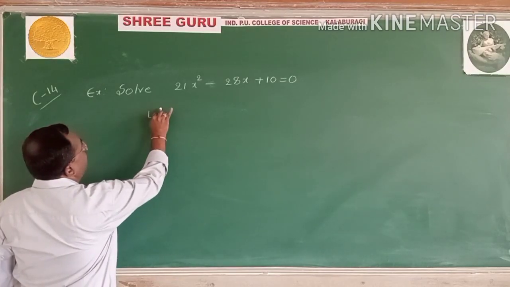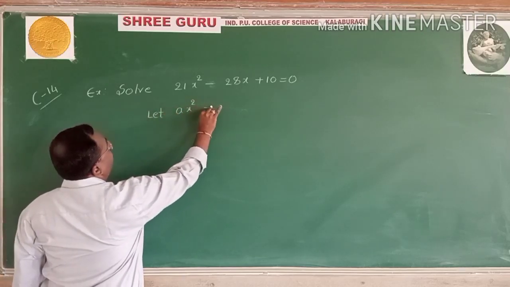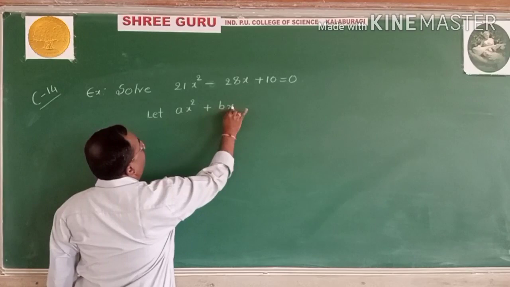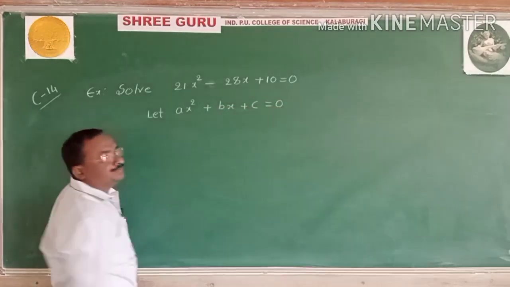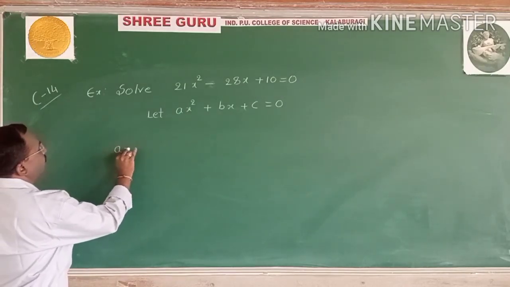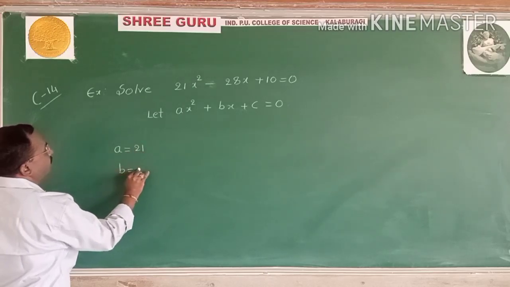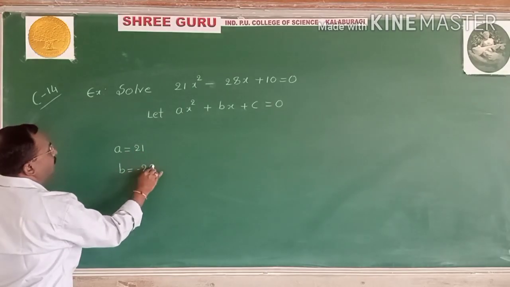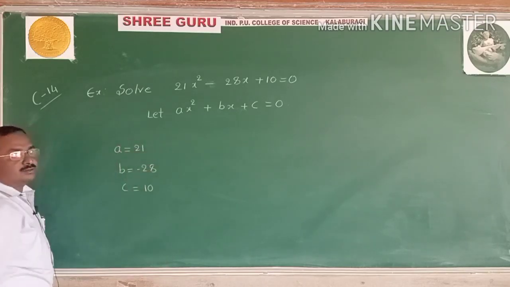Let this be in the form ax square plus bx plus c is equal to 0, where a is equal to 21, b is equal to minus 28, c is equal to 10. These are the values.